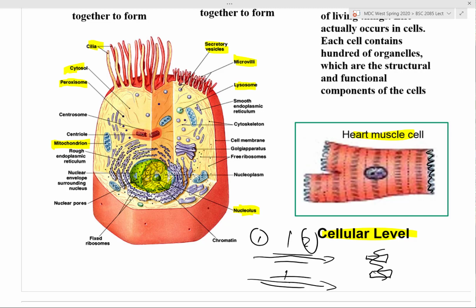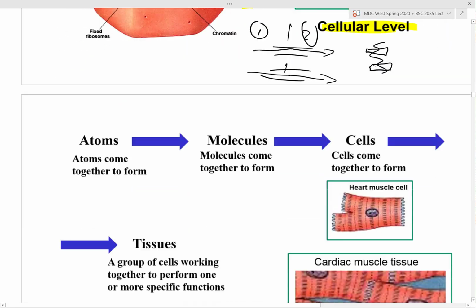Have you ever lived with a group of individuals, let's say a family? If you need sugar in your lemonade, most likely you will say, hey, can you put some sugar? You don't have to go next door. It's just a one-way or two-way stream. If something's needed, you give it to that person. If the other person needs it, you give it back. Okay? So that is the intercalated discs' function.